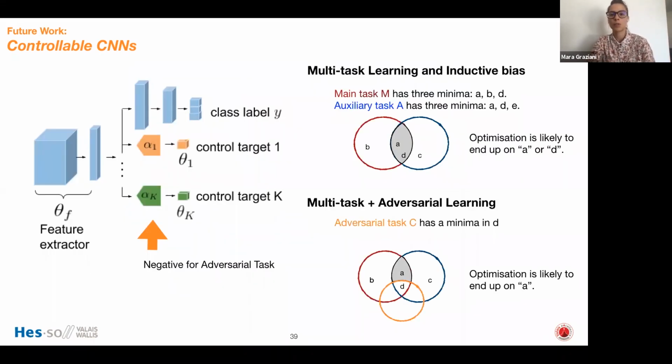And this can be obtained technically by combining multitask and adversarial learning. We can add parallel branches for the learning of a list of control targets that can correspond to prior knowledge about our tasks, for example. And then we can combine this with adversarial learning to remove all of those representations that are far from the local minima of the adversarial task.